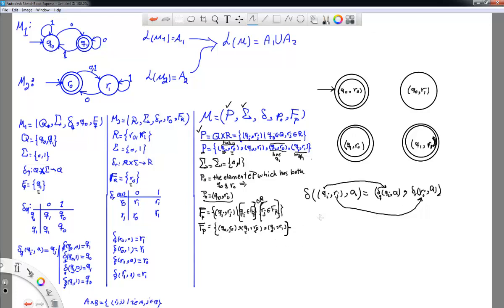Okay, let's take a look at and enumerate these and see how they look. So I start with the delta of Q sub 0, R sub 0 over symbol 0. Actually, let's do the 0 and 1s. This way it's easier to see.